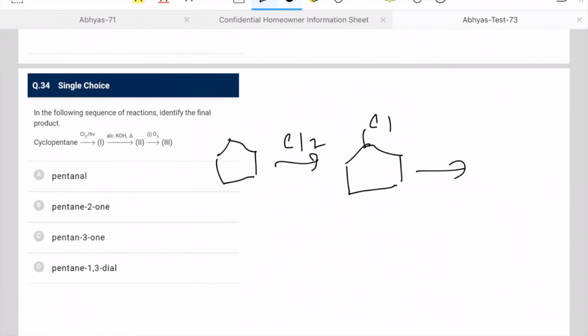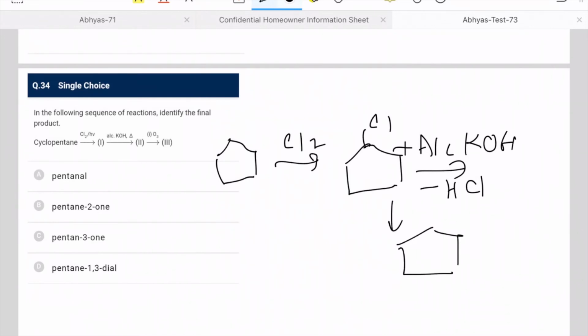Then alcoholic KOH, so dehydrohalogenation takes place, minus HCl. Then a carbocation will be forming here, cyclization will take place, and a 6-membered ring will be forming.